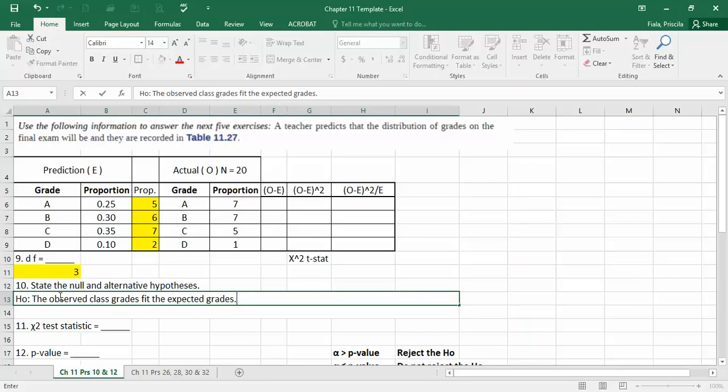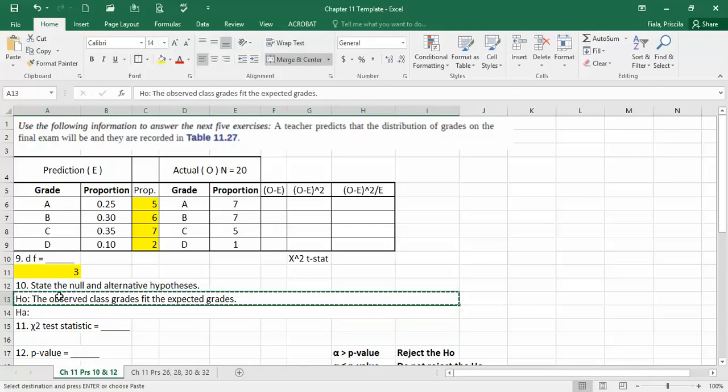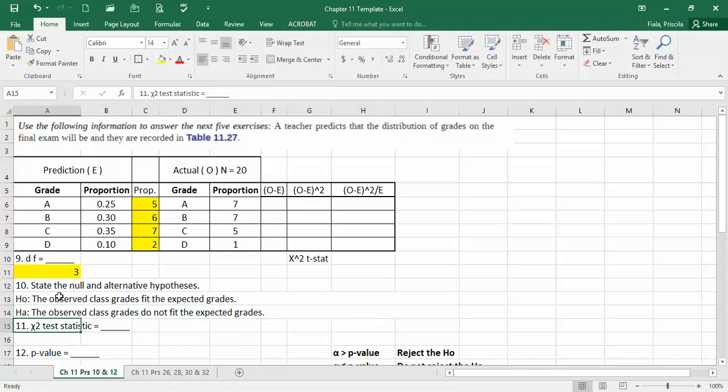We're trying to see if we have enough evidence to support that. My alternative then: if the null is that it fits, the alternative would be that the grades do not fit.